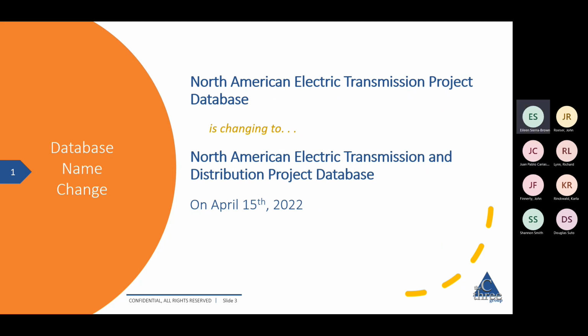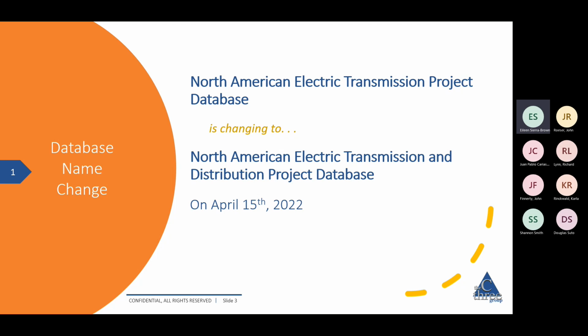We touched on this briefly, but the electric transmission database is now known as the North American Electric Transmission and Distribution Project Database. Unlike our competitors, we've never prevented distribution level work, which for us is anything under 69 kV. We never prevented those projects from being in the database. However, the predominant focus has always been transmission level projects.